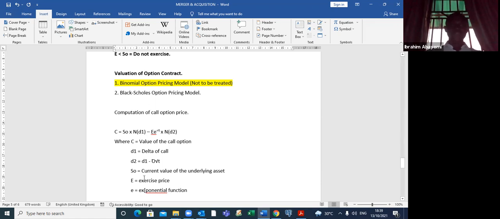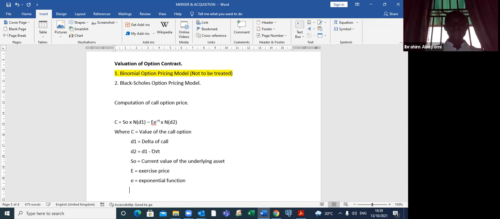You should have your calculator with you in our next class so that you know how to use the calculator to get all these figures. Then R is the risk-free rate of return.